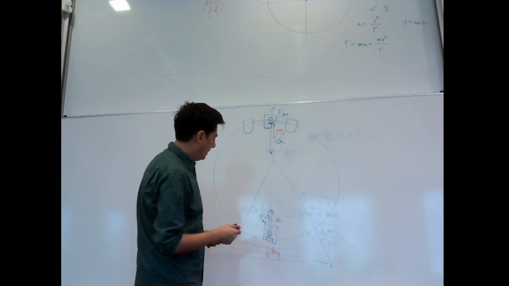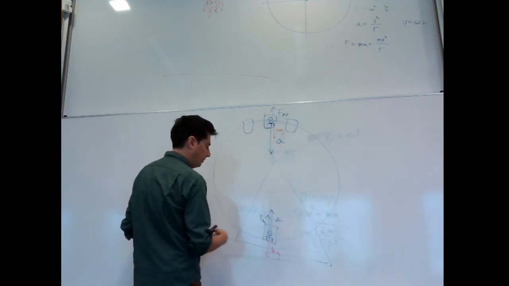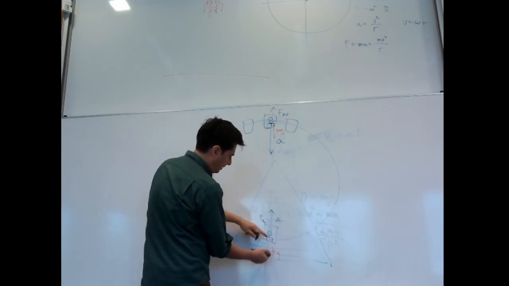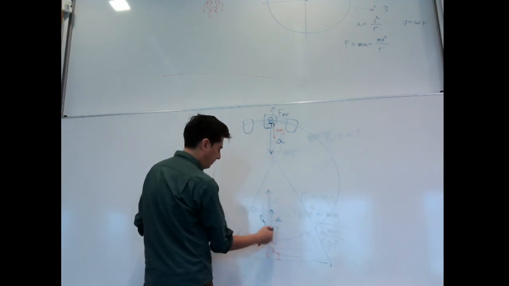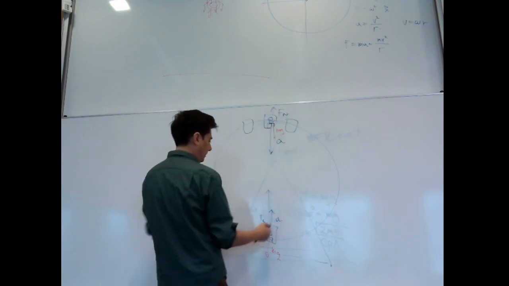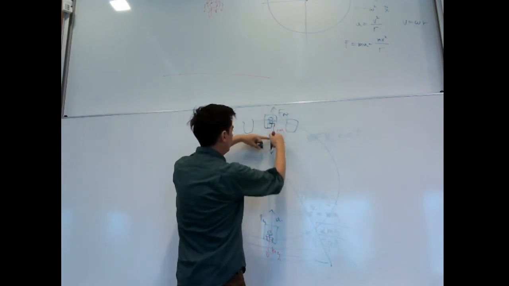Here it's got to provide an acceleration upwards, so in order for this arrow to add together with this arrow to give something of the same size, this needs to be quite big.